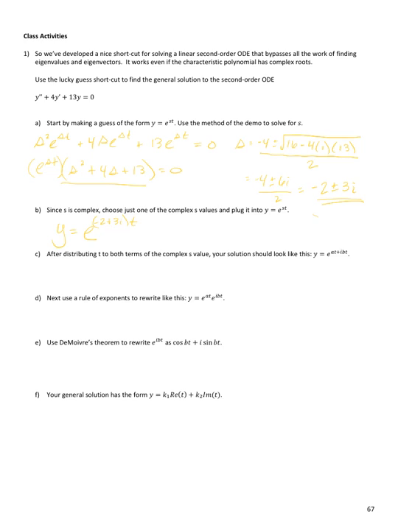We distribute the t to both terms, and our solution will look like y equals e to the negative 2t plus i3t.